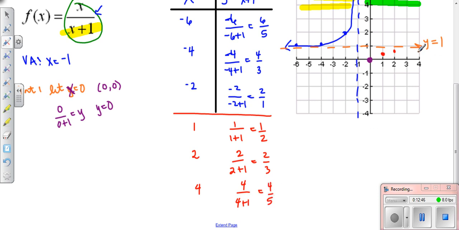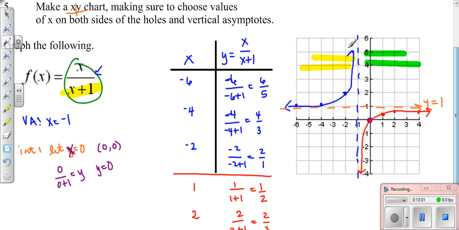And while I'm getting bigger, I'm not getting bigger very quickly. And so I know that this graph is going to go asymptotic to y equals 1 and x equals negative 1. And this shape is a hyperbola. And it always exists in opposite quadrants. So here 2 and 4, or 1 and 3.